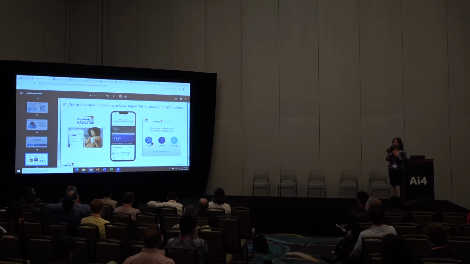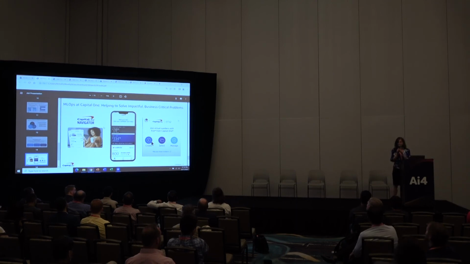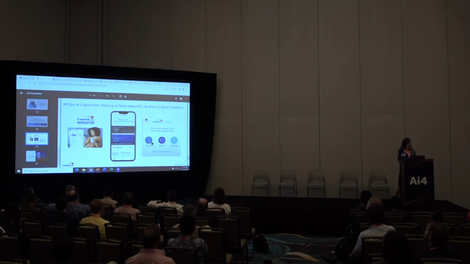And then the Capital One Auto Navigator, which, I don't know if there are any Schitt's Creek fans in the audience, but the commercial with Eugene and Sarah Levy, where he comes to help her, and she's like, I don't need help, I use Capital One Auto Navigator. All of these things have machine learning in them, and the ability to work on problems of this scale is really exciting. So even though you might get some additional challenges in a large organization, you also have the opportunity to solve awesome problems as well. So that's it.